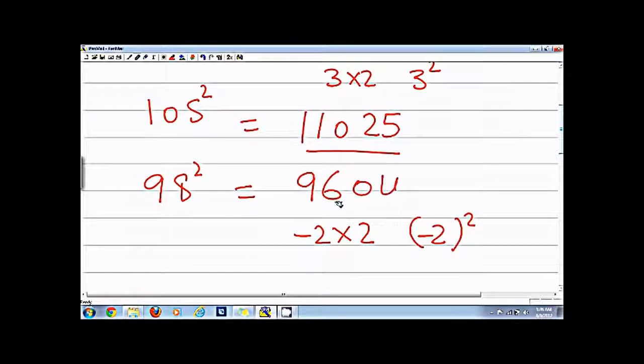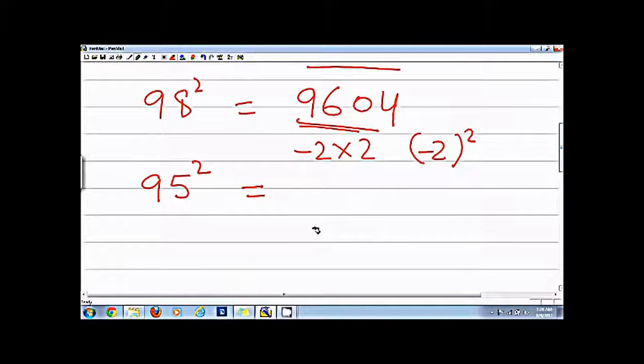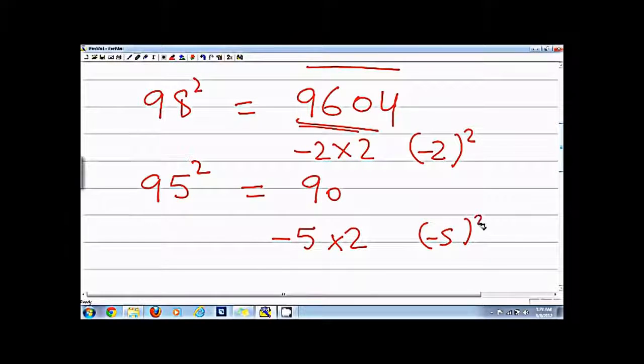Similarly, if I have 95 square, I will say minus 5 into 2 is 10, so I'll say 90, and then minus 5 square, that is 25. So the answer is 9025.